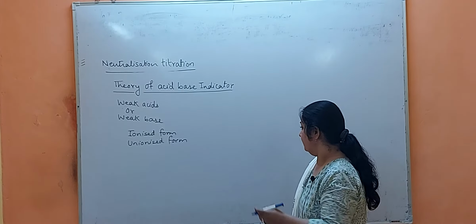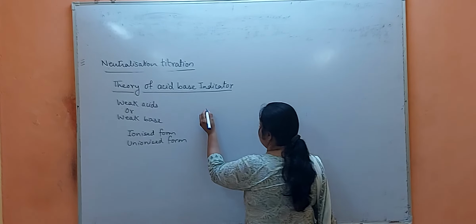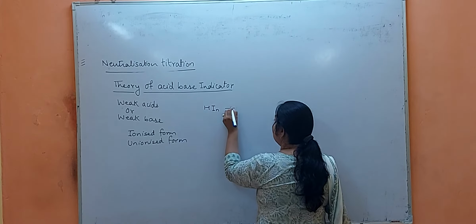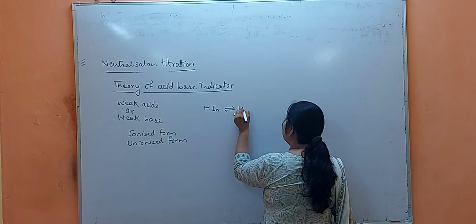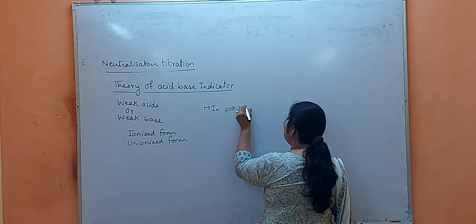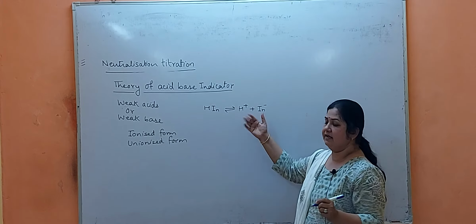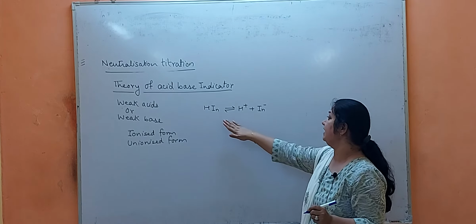Now suppose we consider an indicator which is a weak acid, say HIN. It dissociates to give H plus and IN minus. Now see, this IN minus is a base, whereas this is an indicator, and here it is giving an acid. This is a weak acid.